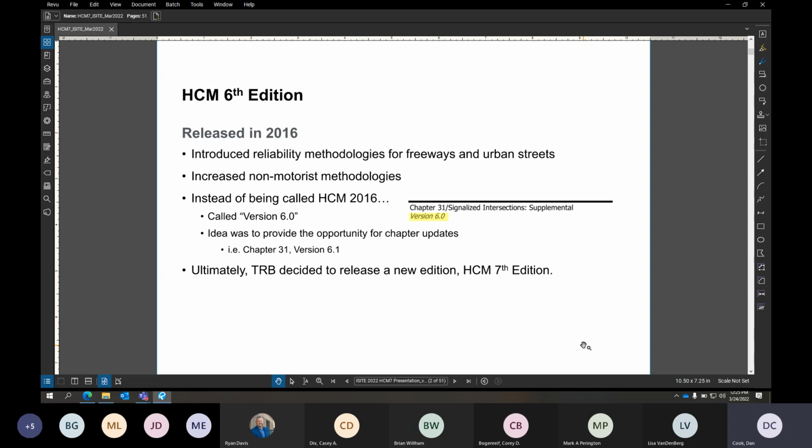TRB ultimately made the decision to just release a new edition, which would be the HCM 7th edition I'm talking about today. Part of the pros of doing that is that they're moving towards a cloud or electronic version, and they've been hesitant on doing that up until now, without having the necessary version controls in place.